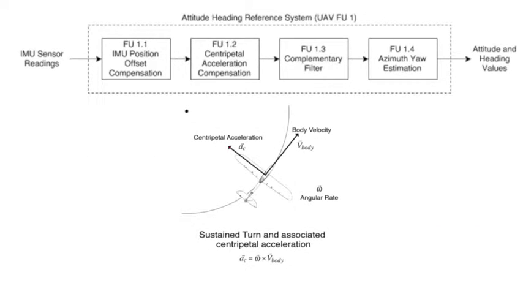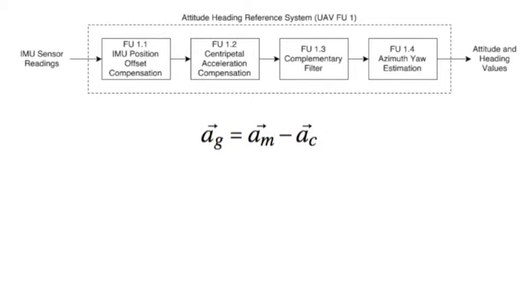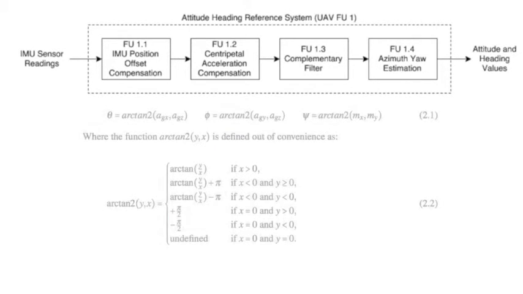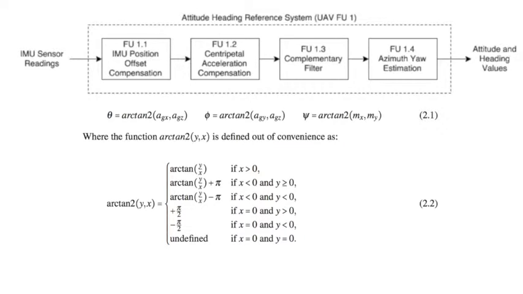After performing the offset transformation, you need to use the centripetal acceleration, which is calculated from the angular rates from the gyroscopes as well as the speed of the aircraft. Once you have the centripetal acceleration, you can subtract it from the measured acceleration to get the true gravity vector. And then you can calculate the pitch and the roll angle.